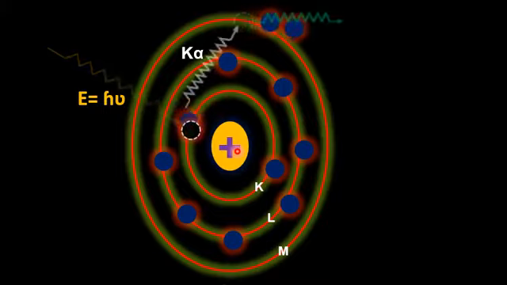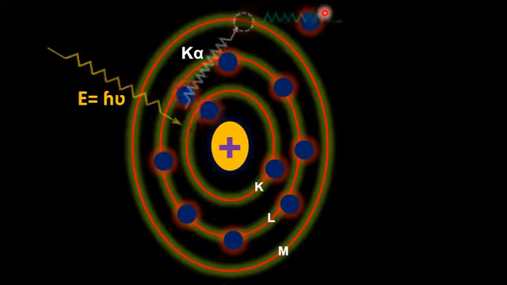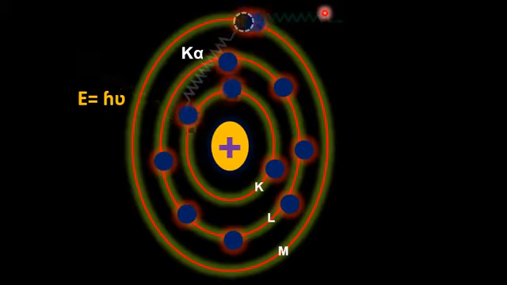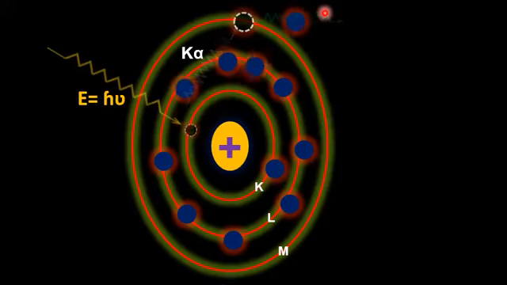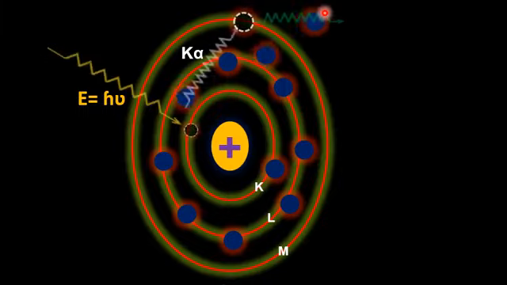So on the basis of this, the ejected Auger electrons will have different intensities and different potential. On the basis of that, elemental and compositional analysis of the material is determined.